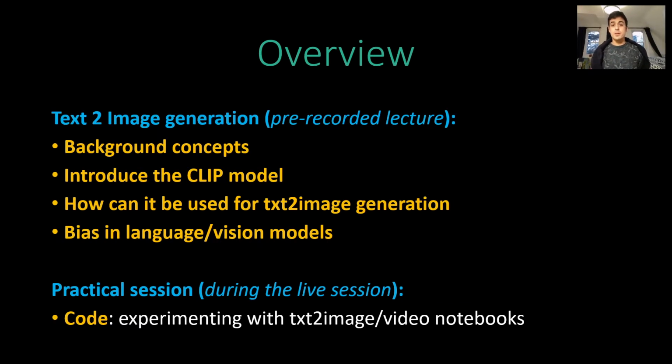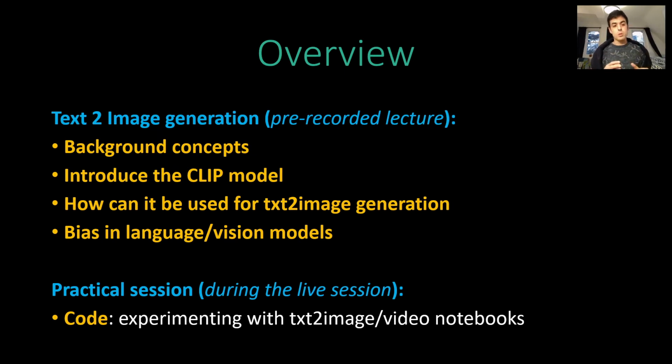So let's look at the overview of what we will be covering today. We will start with some background concepts that will help you understand what we will be talking about, and that will be text-to-image generation. We will introduce the CLIP model, which is at the base of all of these techniques. We will show how this model can be used for text-to-image generation.